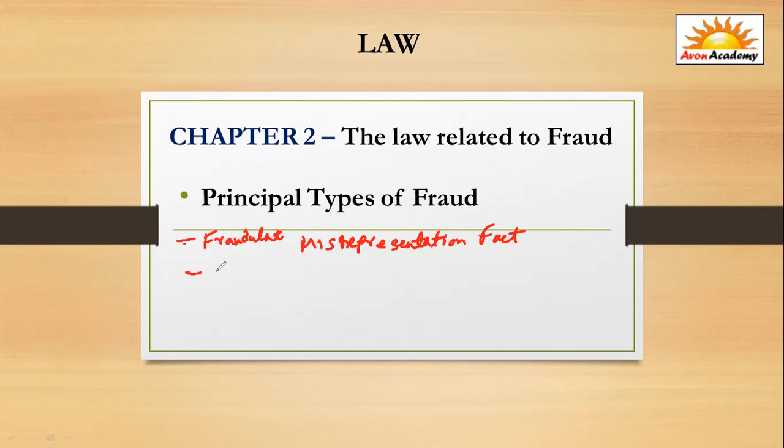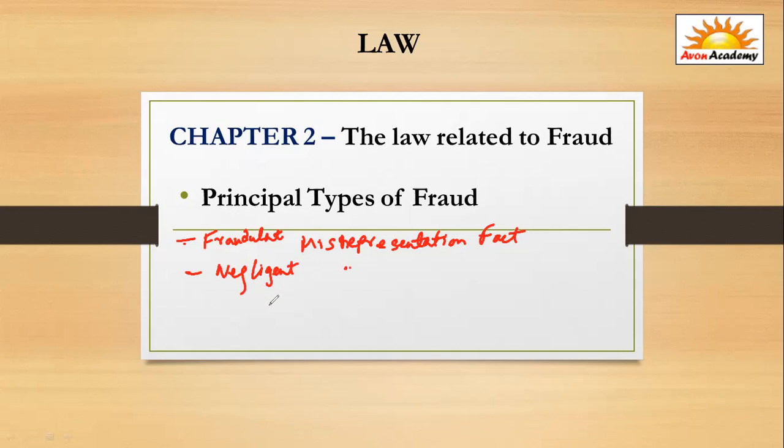Second is negligent misrepresentation. You got the point. So we are talking about negligent misrepresentation. It occurs in situations where there is a special relationship that imposes a duty on the defendant to provide correct information to the plaintiff.